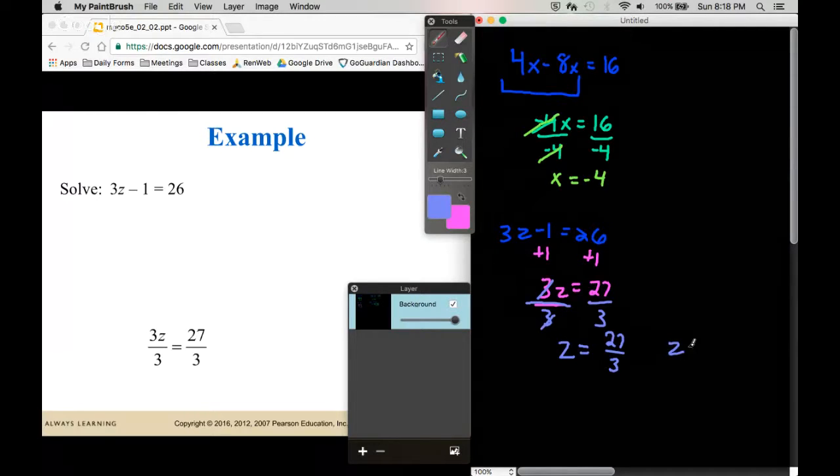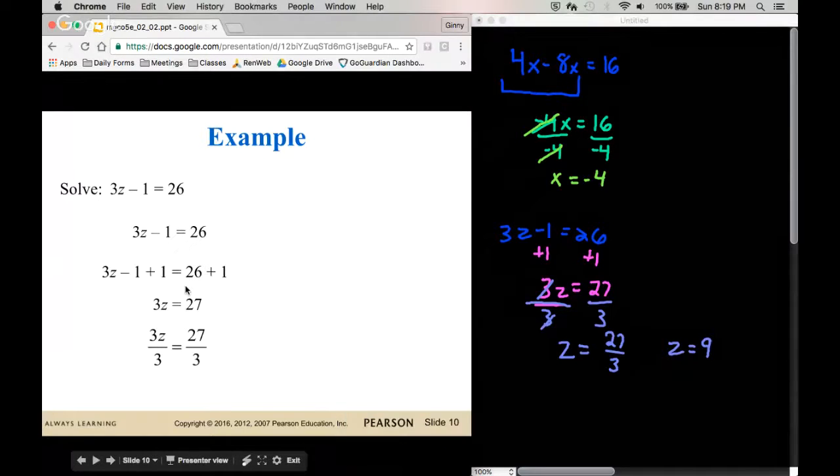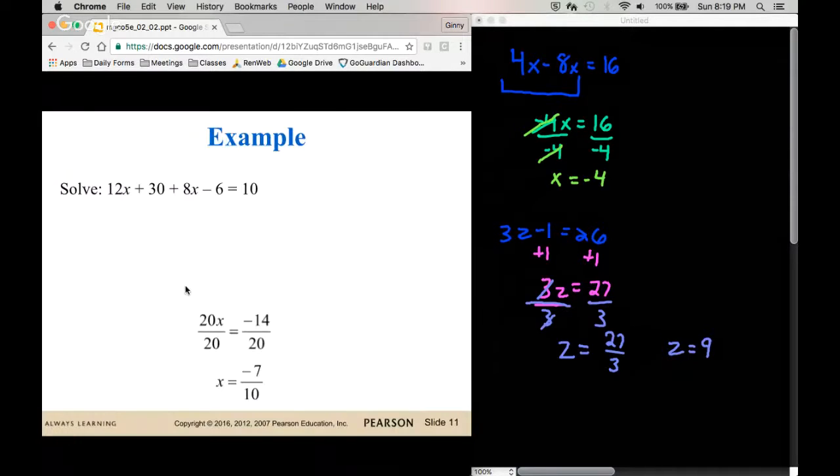Not 3 times, 9 times. 9 times 3 is 27, so your solution is going to be 9. Okay? And if you're ever unsure, all right, make sure you plug it back into the original equation, and that will probably help you. It's the best way to make sure you don't get a problem wrong. All right?